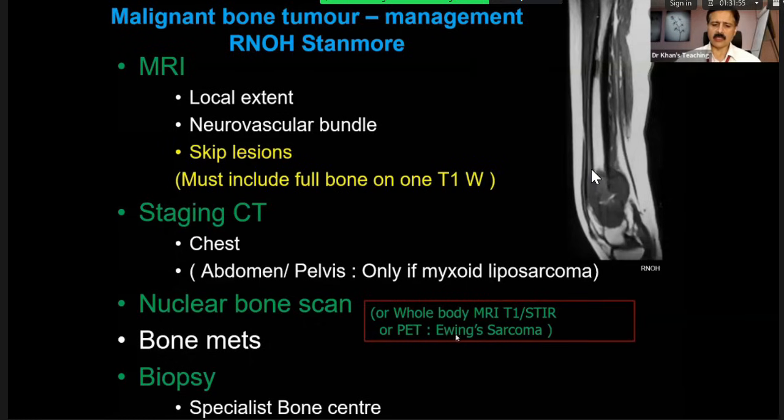And if there is Ewing sarcoma, there is a role of PET scanning. And in the viva, you will always say that I will refer the case to a bone tumor center. Never say that I will do the biopsy myself.